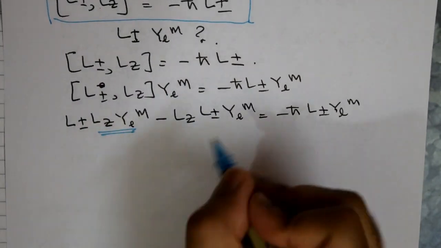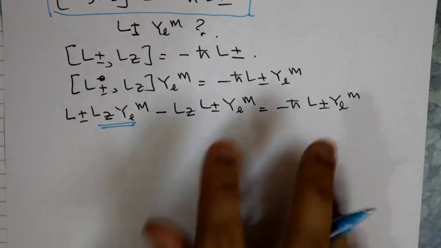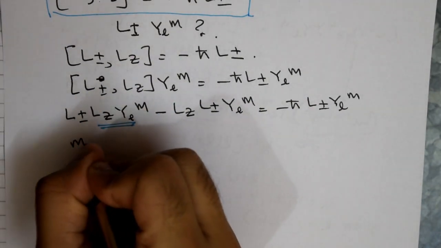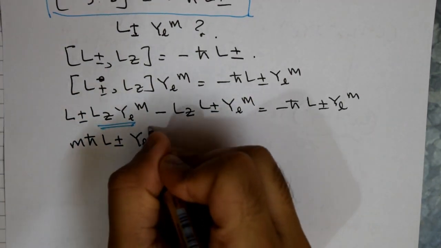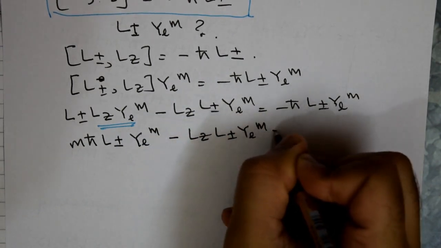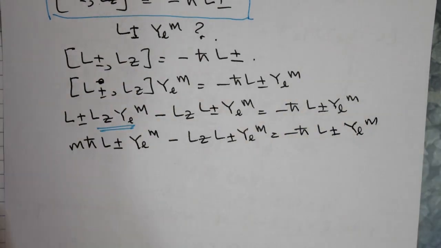So therefore you have to operate this first. We just need to know what this is, so we won't be processing this yet, but we are able to see that L plus minus Lz Y_lm will be m ħ L plus minus Y_lm, minus Lz L plus minus Y_lm equal to minus ħ L plus minus Y_lm.